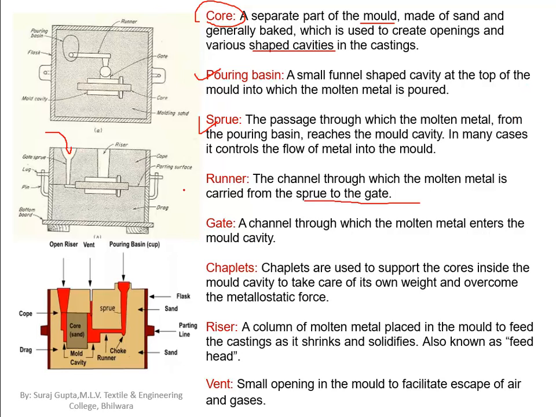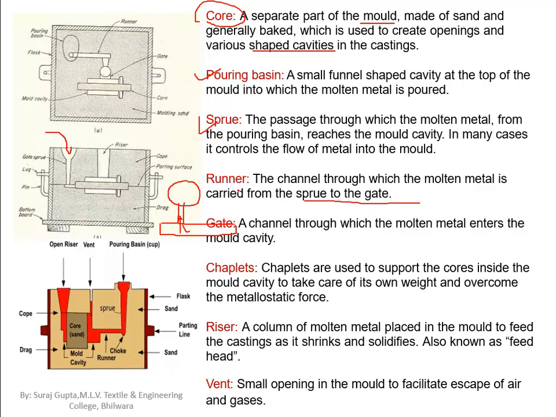Suppose there is a mold cavity here and a runner is here. How does this liquid metal come from the runner and reach the mold cavity to fill it? There is some part to be made here, and that part is known as a gate, to reach from the runner to the mold cavity.